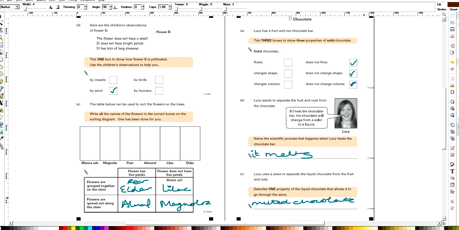Liquids can flow. Okay, that's the end of that test paper.